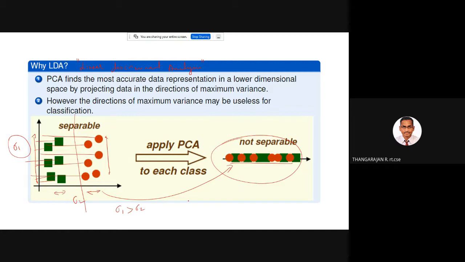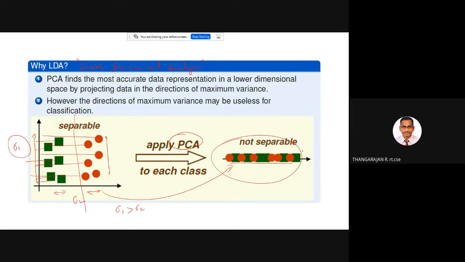Now you see that the green ones and the red ones are mixed up and are not linearly separable. So by applying PCA, principal component analysis, we forego the linear separability.